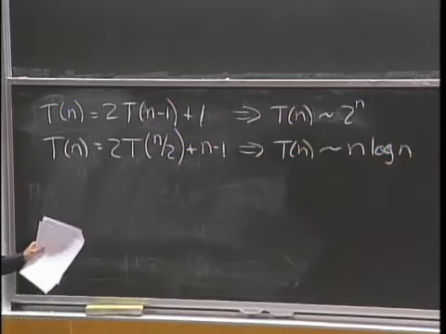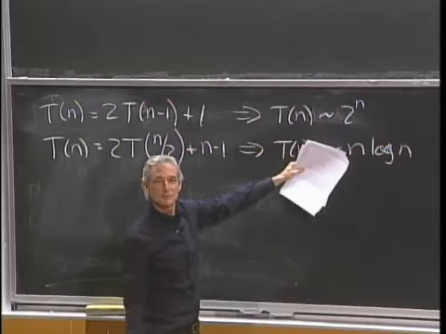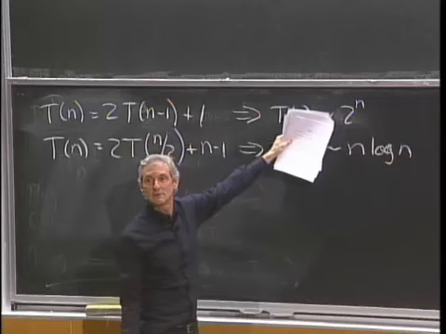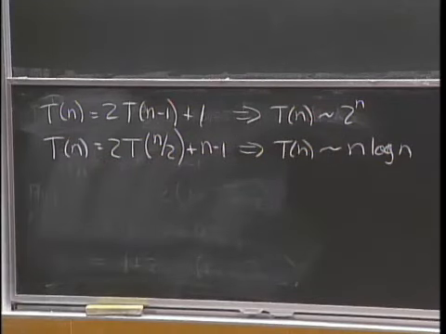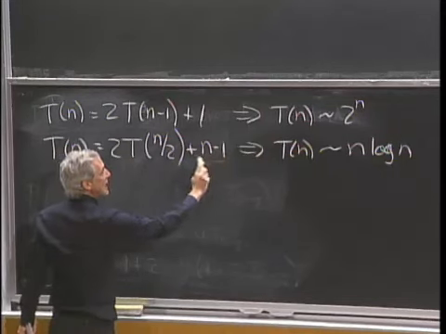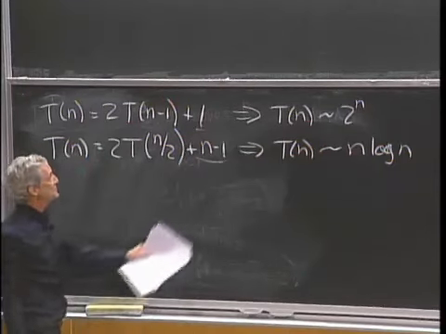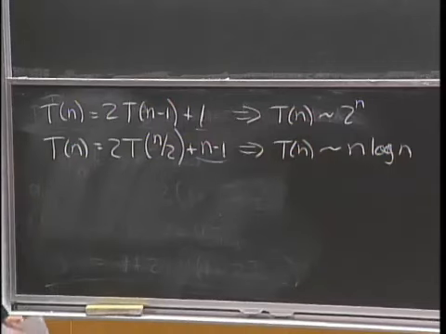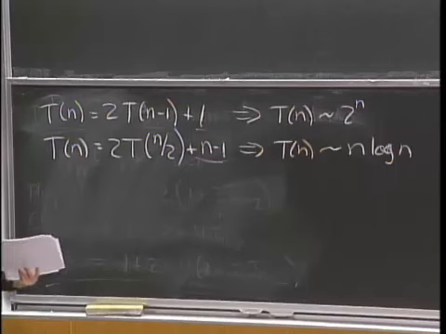Wow. These are pretty different answers, right? This one's nearly linear. That one's exponential. The recurrences looked pretty similar. In fact, this one sort of looks worse because I'm adding in n minus 1 every time instead of 1. But the answer is a lot better, a lot smaller. What's the critical difference between these recurrences? Yeah?